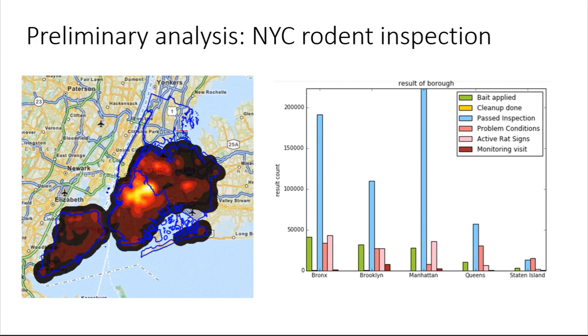So for the analysis of rodent inspection, the left plot is the kernel density estimation of active rat signs for each case. And the right side plot is the histogram of the result of inspection for each borough.